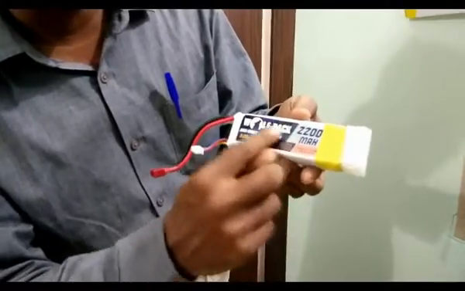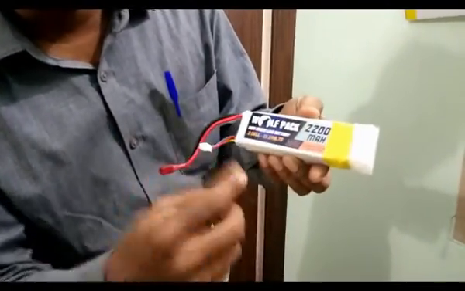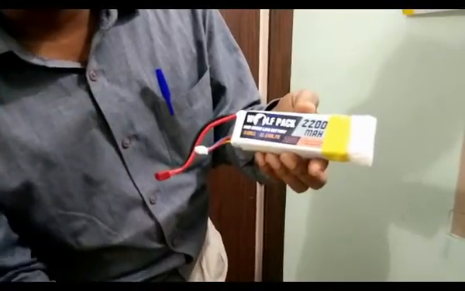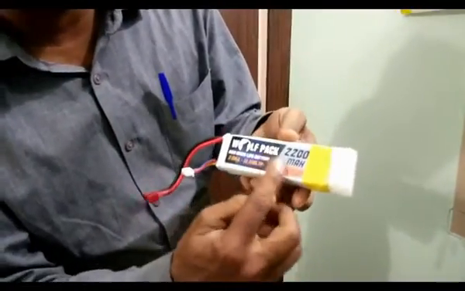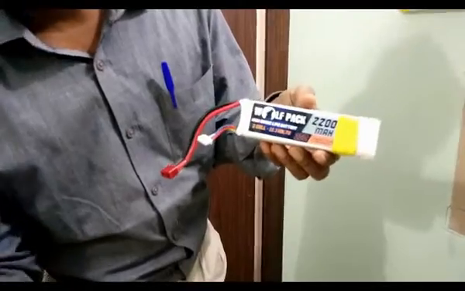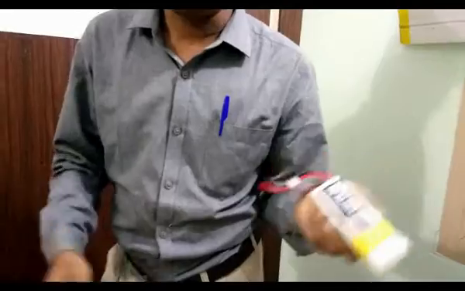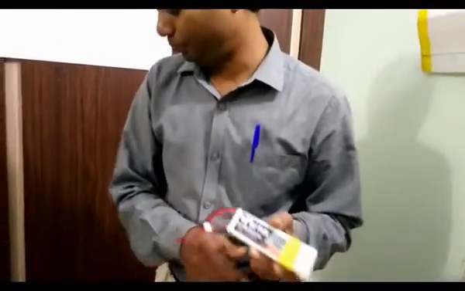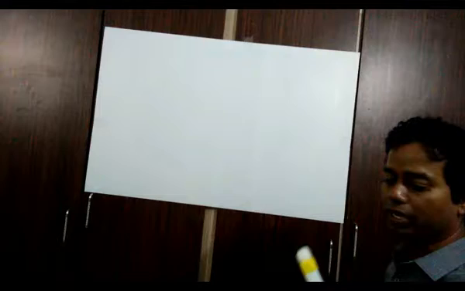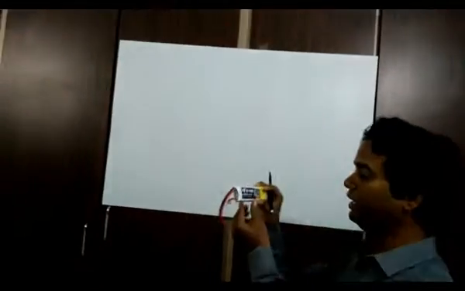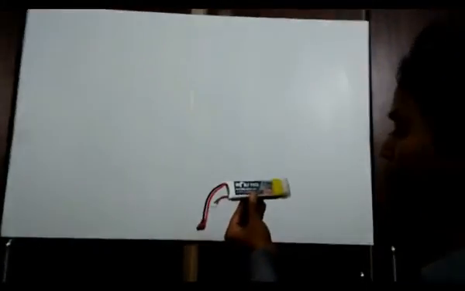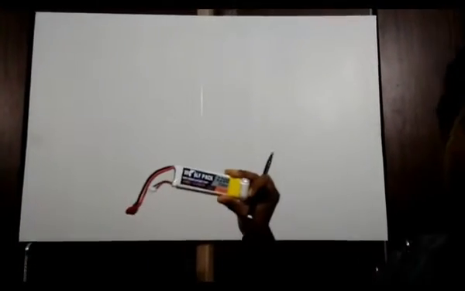This 2200 milliamp hour represents the amount of capacity. It is the capacity, and 25C is the discharge. So in order to understand these two parameters, let us have a little discussion. This is the lipo battery having 3 cell, 11.1 volt, 25C, 2200 milliamp hour. Now how do you understand this battery?